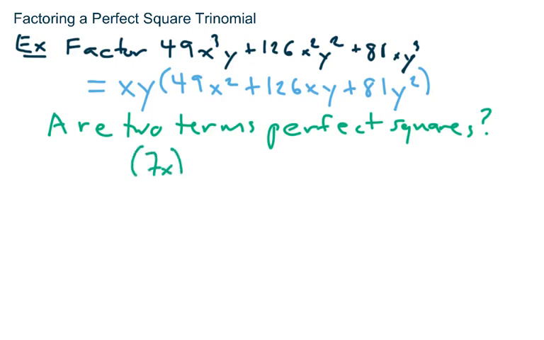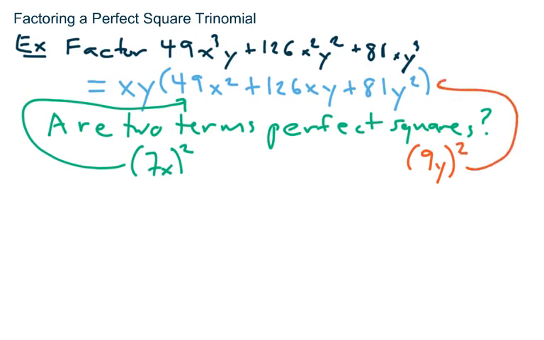You square the 7 and you square the x. So this is a perfect square. This term on the end is also a perfect square. 9y, if you square that, I actually meant to put a square here to emphasize that's a square. 9y perfect square would be 81y squared.